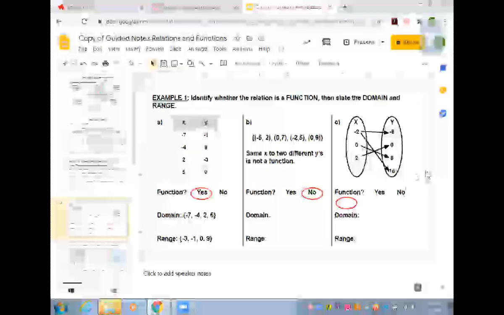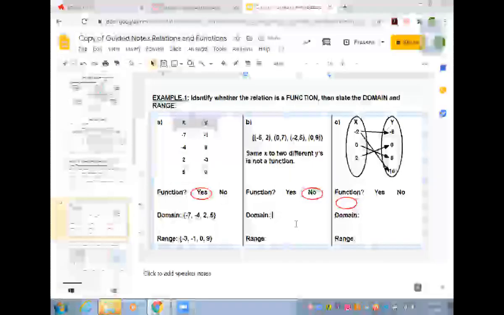Right, so just because it is not a function doesn't mean that we can't talk about the domain and range. Right, we still can do that. So what are my domain values for this relation? -5, -2, and 0.